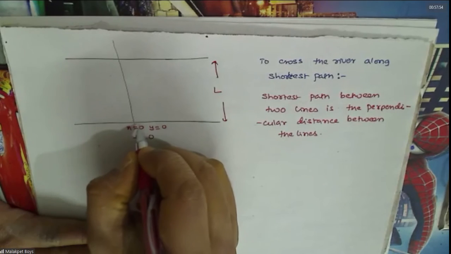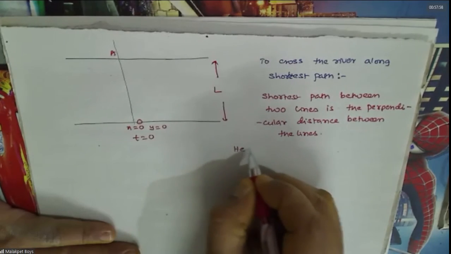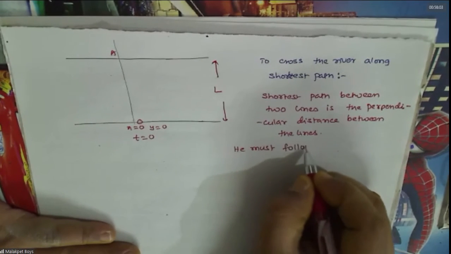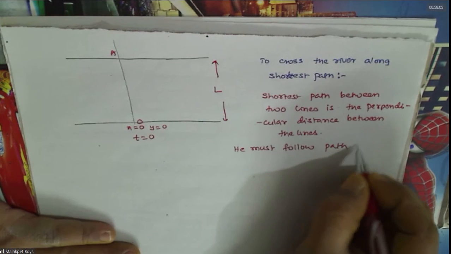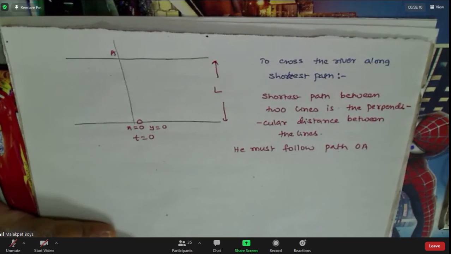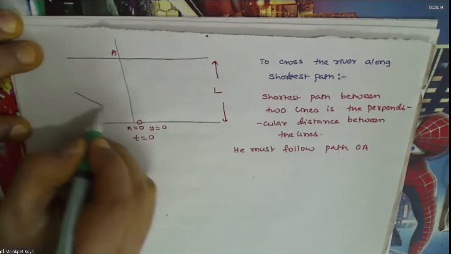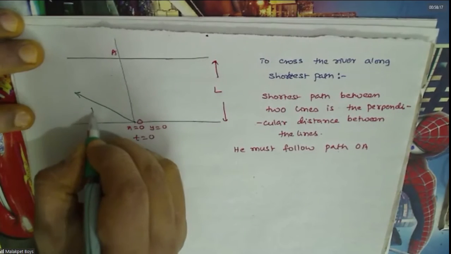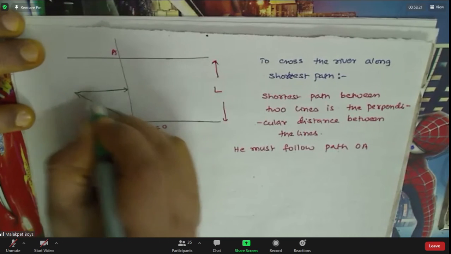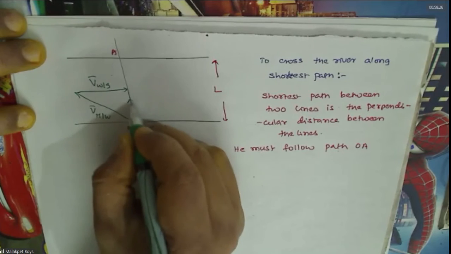That means when he starts at this point O, to cross, if he crosses like this, he'll reach somewhere else. So he has to make an angle and cross. If the velocity of man with respect to water is this, then the river will push him in this direction. So this will be the resultant velocity.